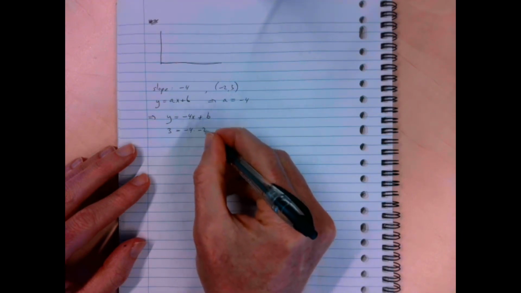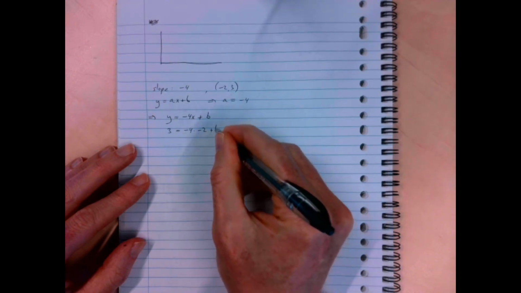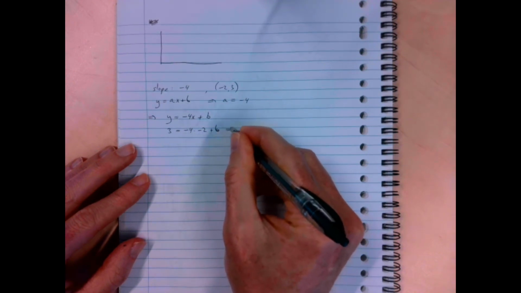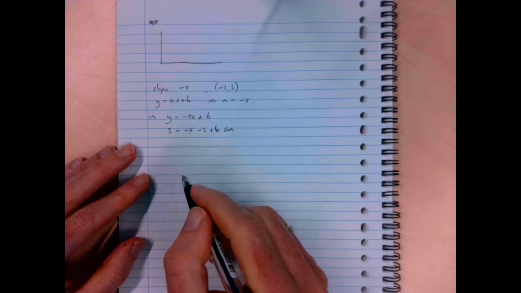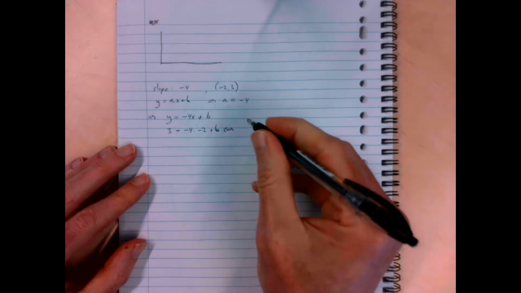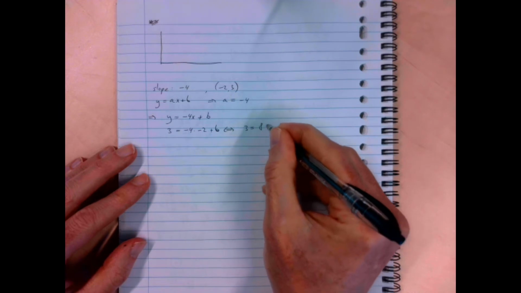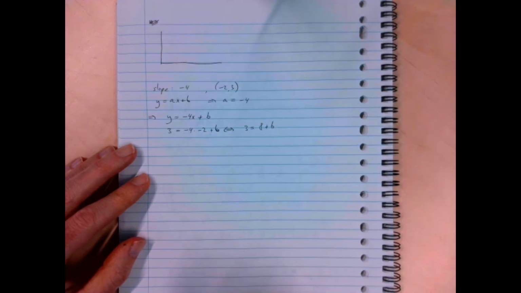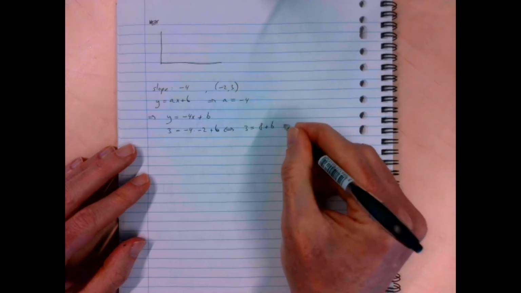So -4 times -2 plus b. Let's solve that. -4 times -2, minus times minus makes plus, of course. So it makes plus 8. So it says 3 equals 8 plus b. What's b? In order to satisfy this equation, of course, b equals -5.